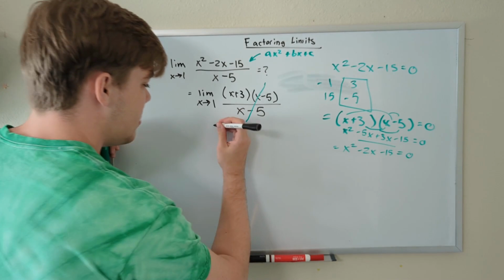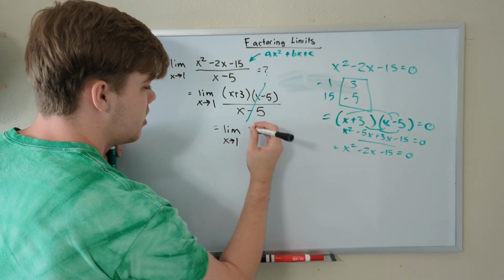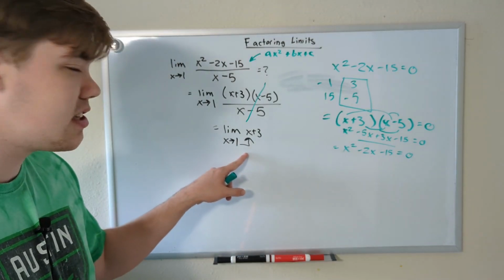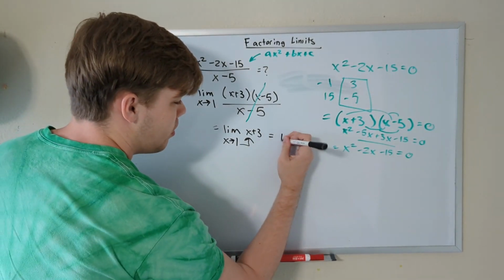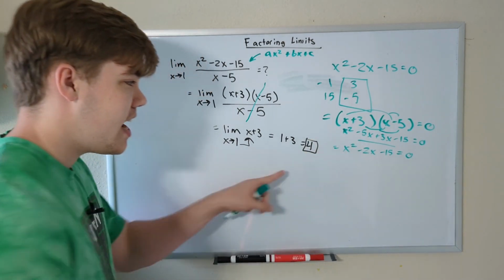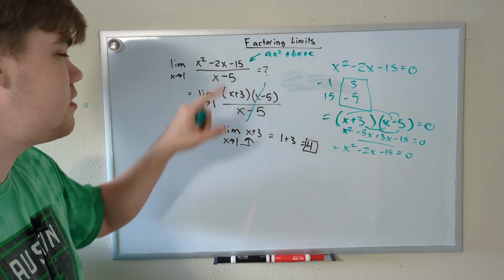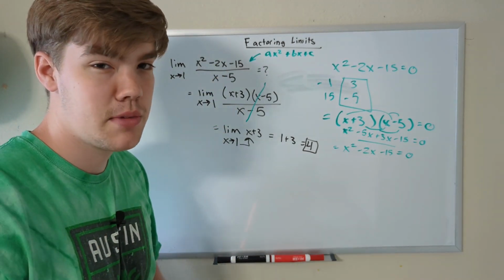So now we simply have the problem, the limit as x approaches 1 of x plus 3. Once again, we can simply plug in whatever x is approaching for x, in this case 1. So this will equal 1 plus 3, which is equal to 4. And that is the limit as x approaches 1 of x squared minus 2x minus 15 divided by x minus 5. Let's do one more example for today's video.